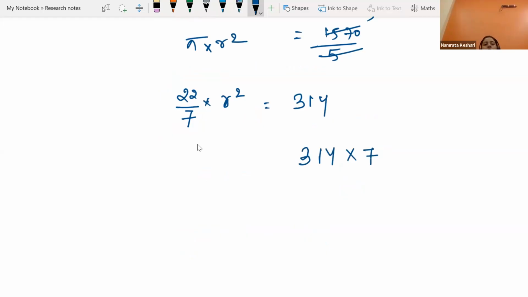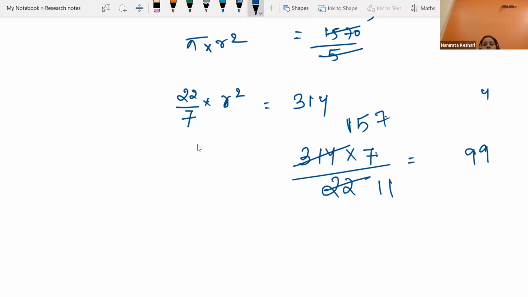This 7 will get multiplied, and 22 will come in the denominator. Now, if we do the multiplication, 7 times 49, 9 carry 4, 7 times 5 is 35, plus 4 is 39, 9 carry 3, 7 times 1 is 7, plus 3 is 10.